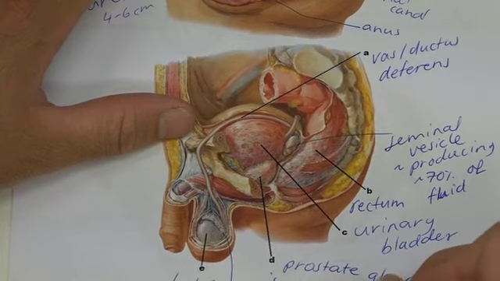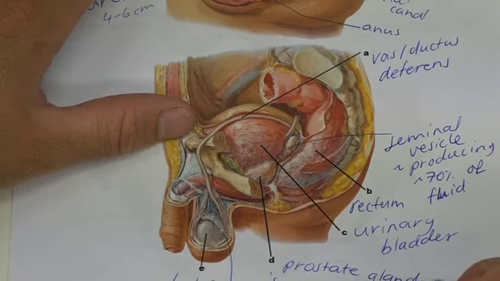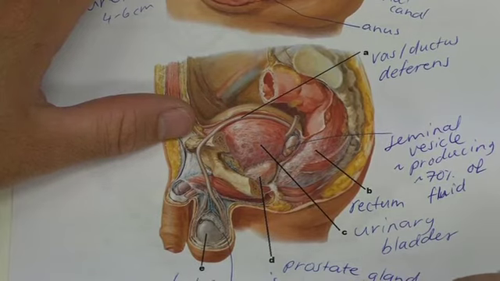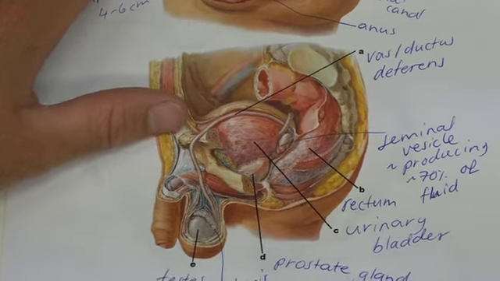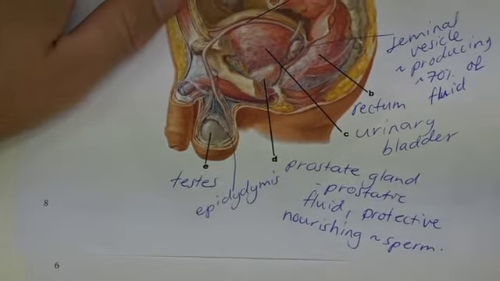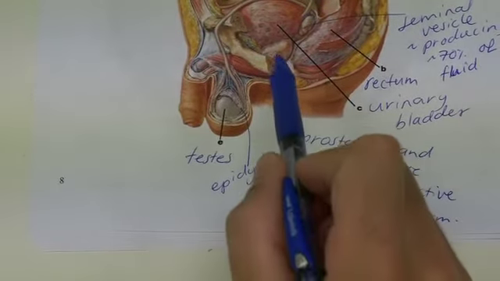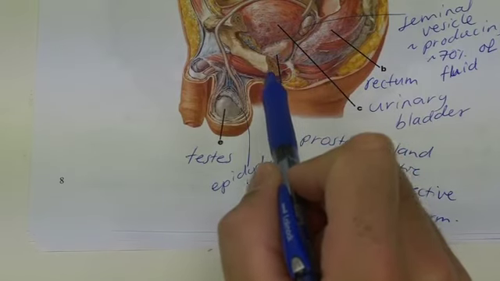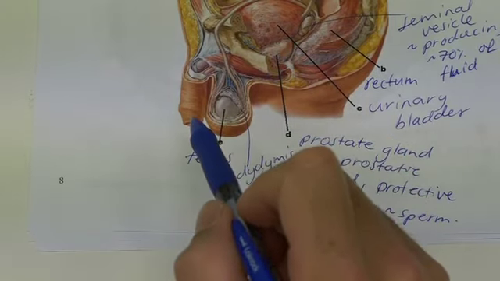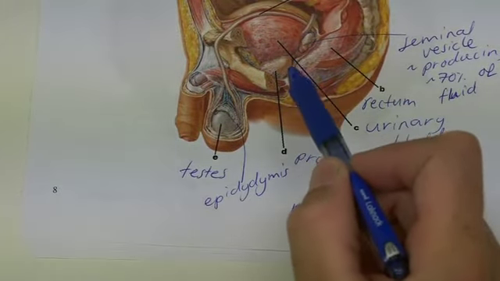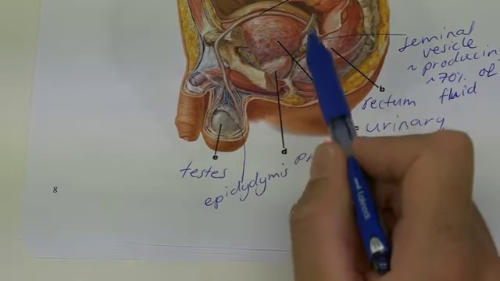This prostatic fluid has a protective and nourishing function for the sperm. It protects them from the outside environment. As an example, beyond this point the urethra is a shared tube, with urine coming from the urinary bladder and semen and sperm coming from the reproductive system.